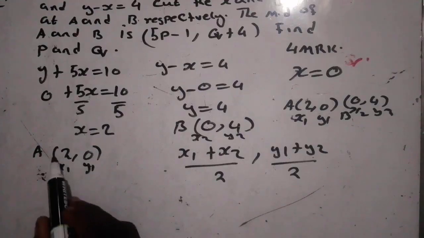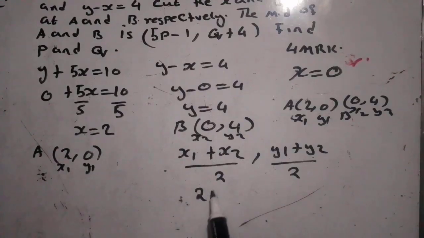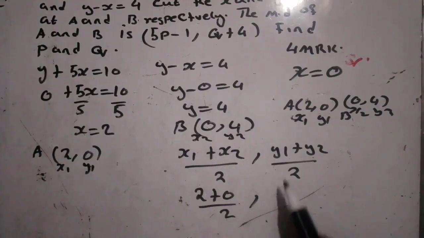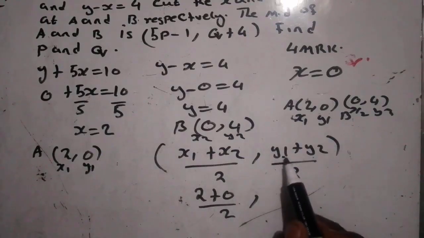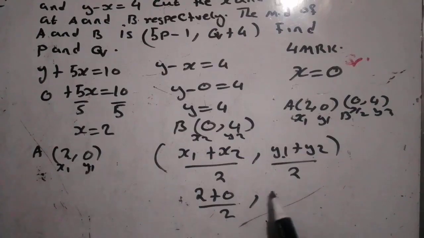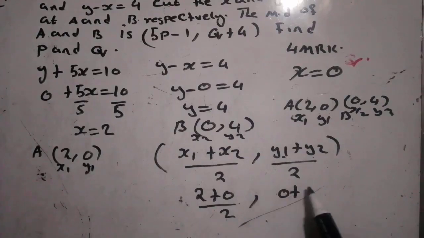We have 2 plus 0 over 2, comma, 0 plus 4 over 2.